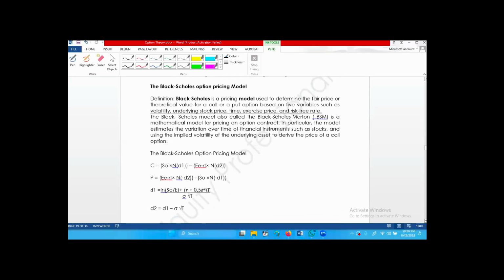If you are to value an option using the Black Scholes model, you require 5 input variables. Look at the input variables. 1, underlying asset price.